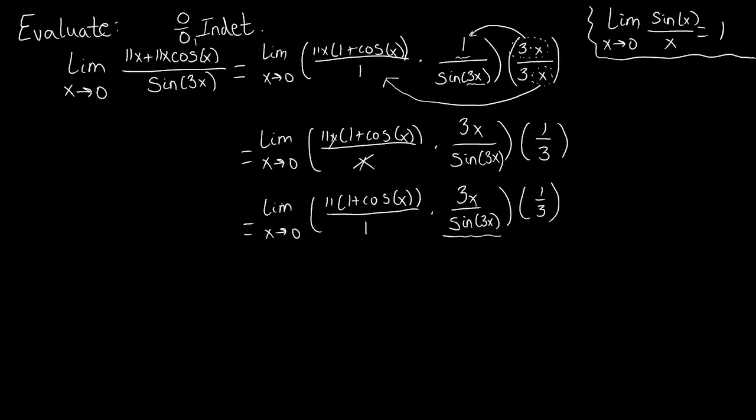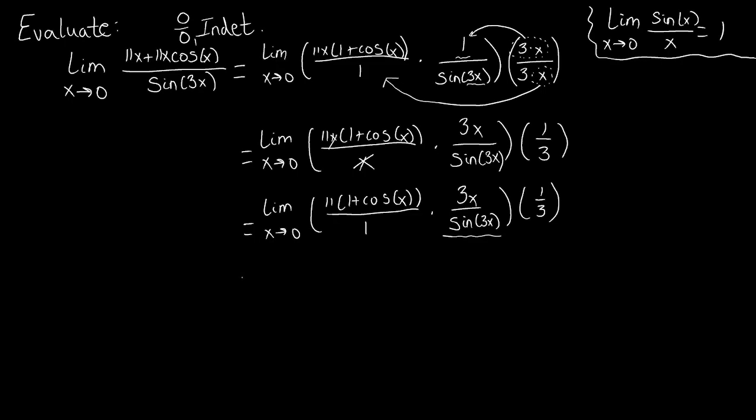Can we pass to the limit of this as x approaches 0? If we plug in 0 for x, we get 1 plus cosine of 0, or 1 plus 1, which is 2, times 11, which is 22. So this first factor here also has a limit that exists. This one does as well, and this is a constant multiple, so we don't have to worry about evaluating it.